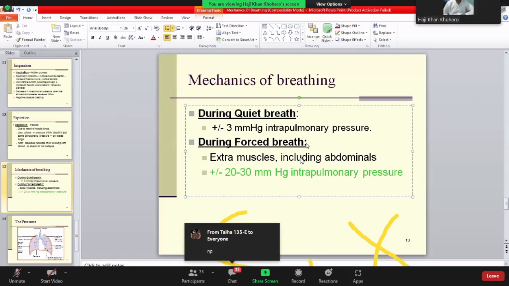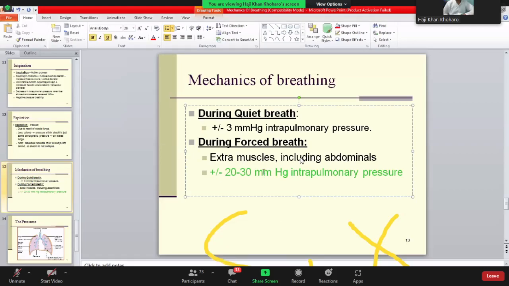During forced breathing, the story is very different. What happens during forced breathing, with the extra muscular effort including the abdominal muscles, there is an increase or decrease of up to 20 to 30 millimeter mercury pressure.